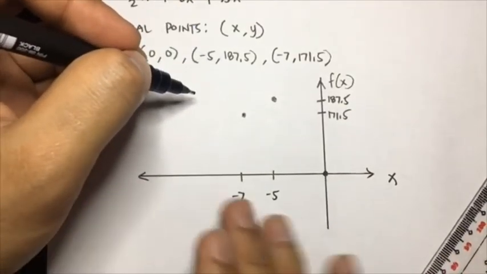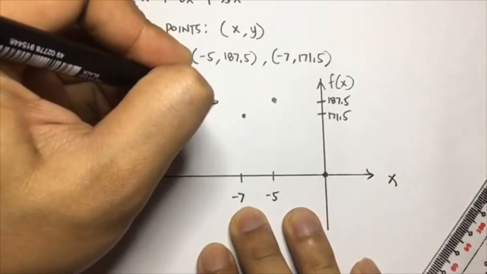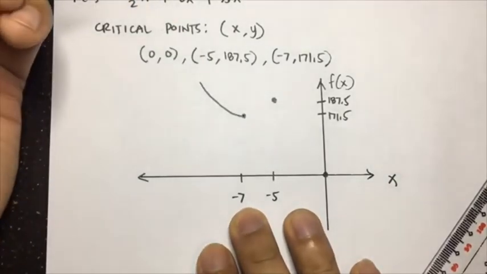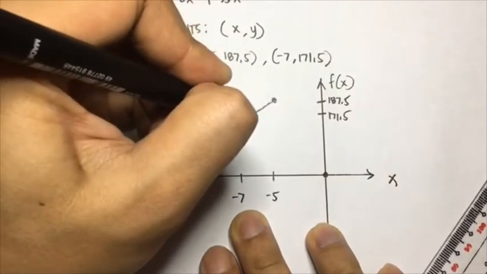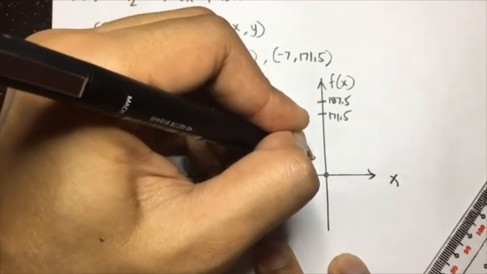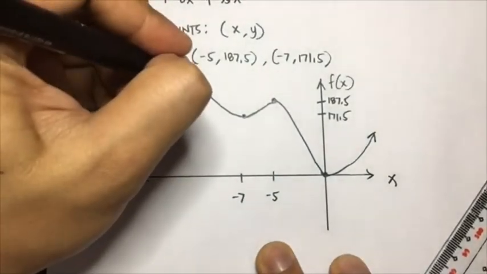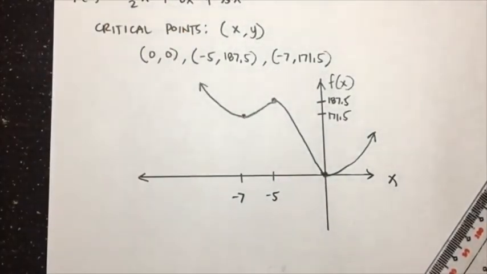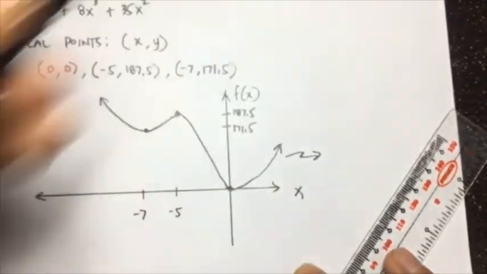From negative infinity to negative 7 it is decreasing, so the graph goes downwards from left to right. Then it's increasing from negative 7 to negative 5, and then it will again decrease, and from 0 to positive infinity it increases. So this is generally how the graph will look.